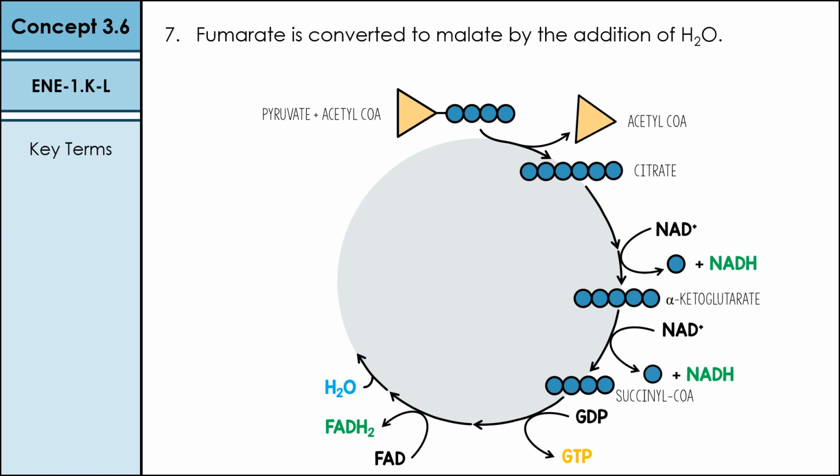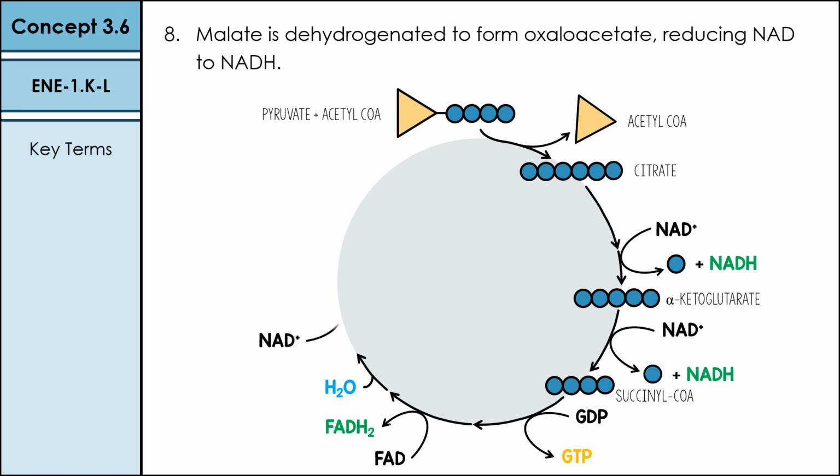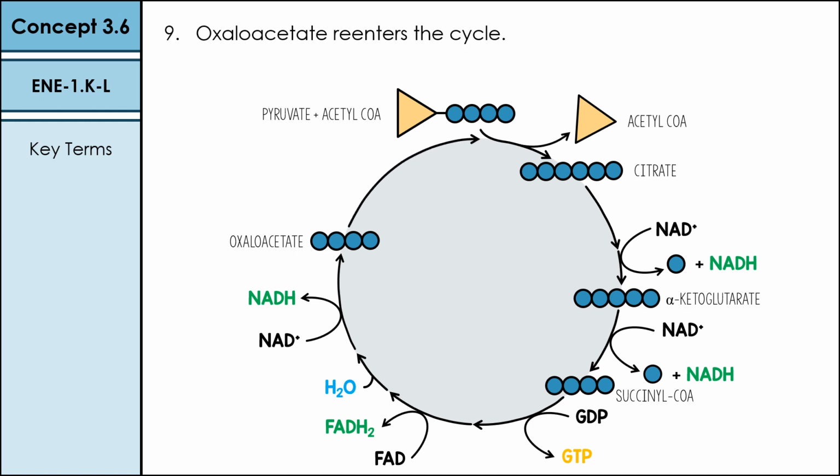And this is then dehydrogenated to form our original oxaloacetate, and thus reducing another molecule of NAD to NADH. Now that oxaloacetate, if you recall, was the first thing that we started with, so that can re-enter the cycle and we can start the whole process over again.